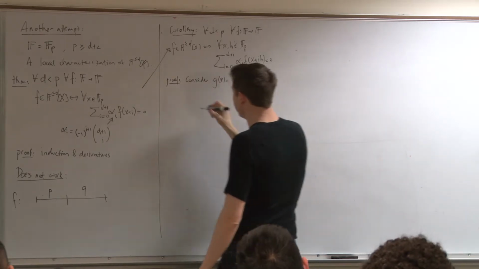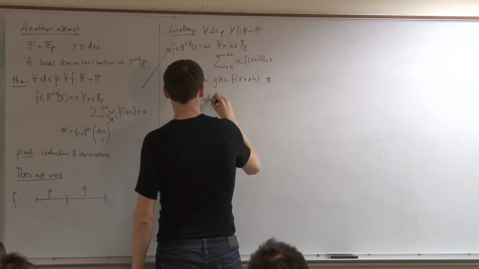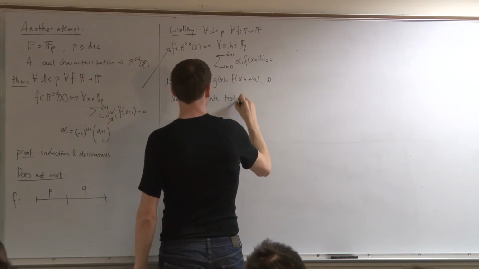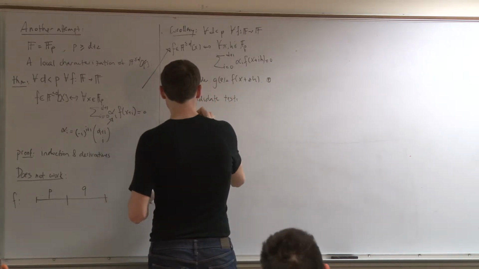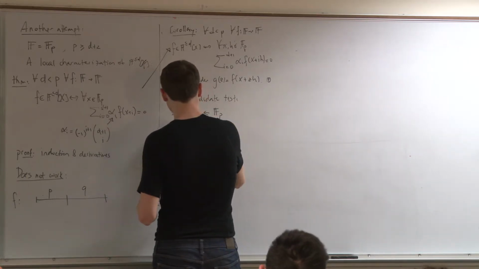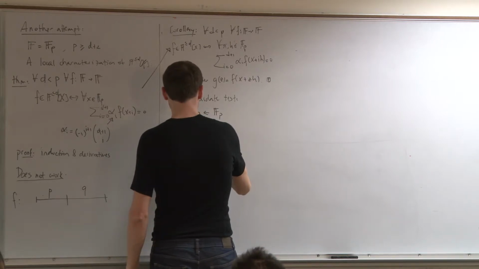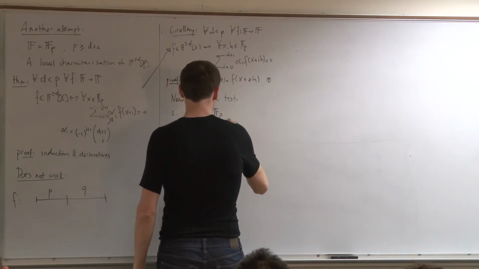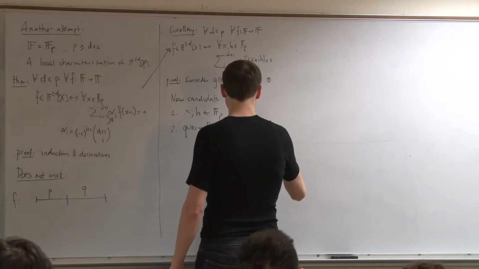All right, so now we have a new candidate test. You sample x and h at random, and you query f of x plus ih for i going from 0 to d plus 1.